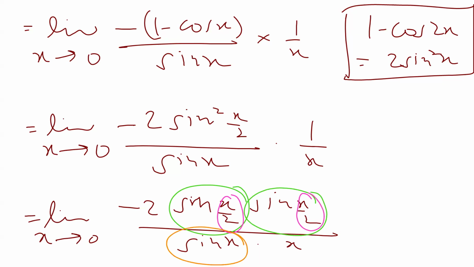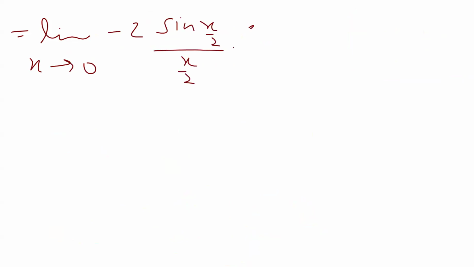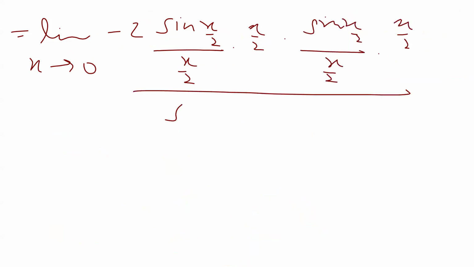This sine, angle is x, so down x, I'll just divide and then multiply with x as well. So limit x approaching 0 minus 2 sin x by 2 into x by 2, sin x by 2 down x by 2 top x by 2, sin x upon x into x, and there is one more x over here.